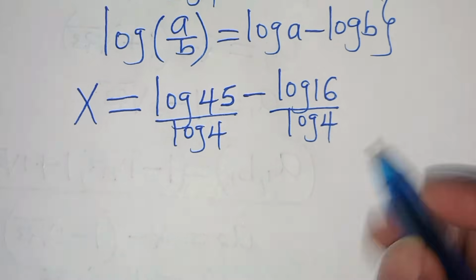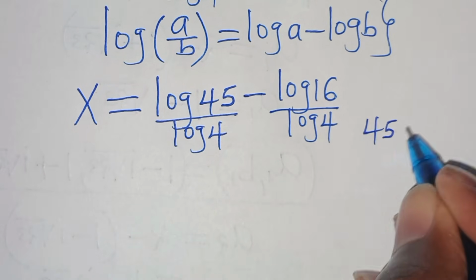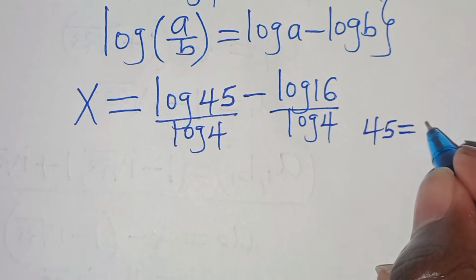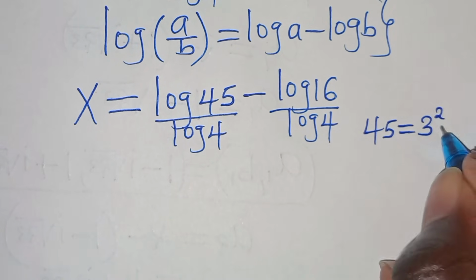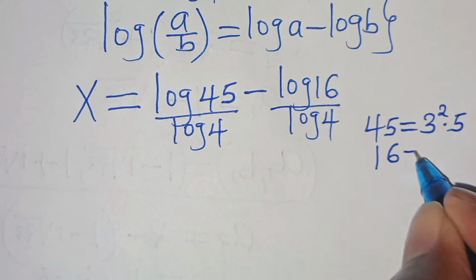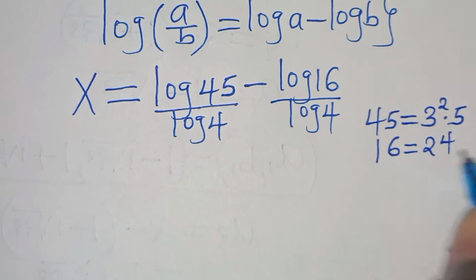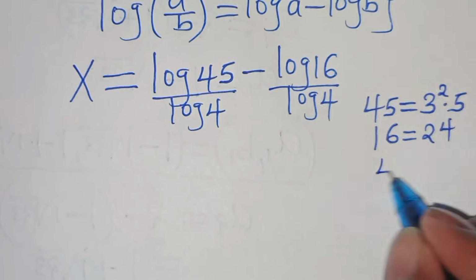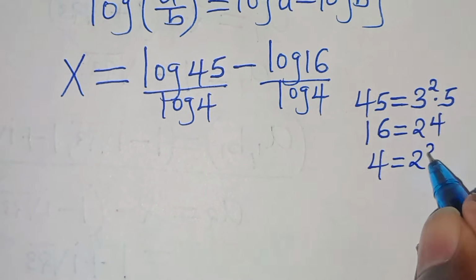The next step is that we can express 45 as 3 to the power of 2 multiplied by 5, and we can express 16 as 2 to the power of 4, and we can express 4 as 2 to the power of 2.